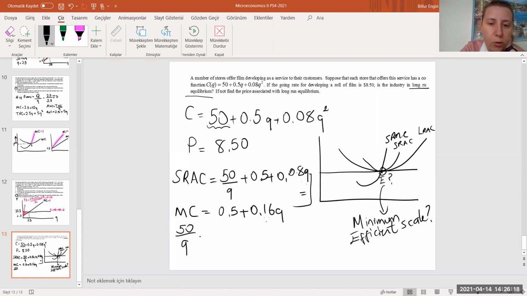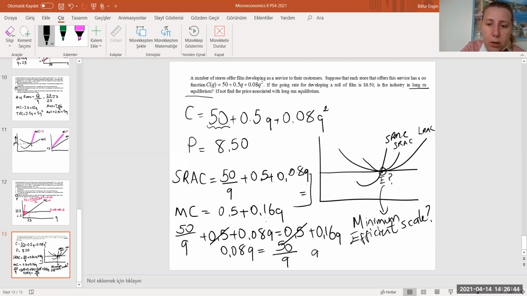50 over Q plus 0.5 plus 0.08Q equals 0.5 plus 0.16Q. So 0.08Q squared equals 50 over Q. So here Q squared is 50 over 0.08.